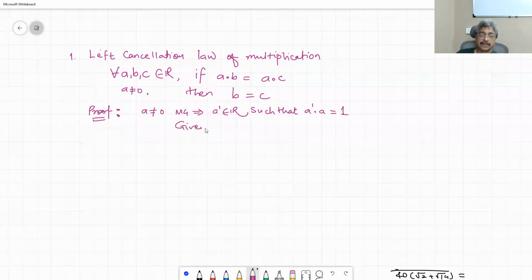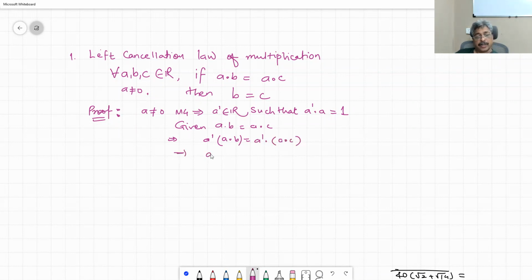Given a into b is equal to a into c, this implies a dash into a dot b is equal to a dash into a dot c.